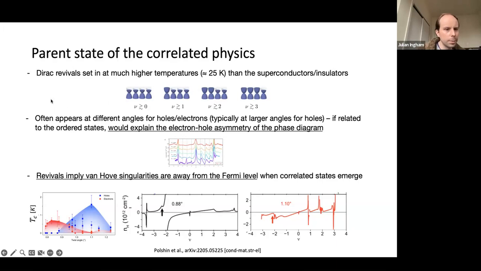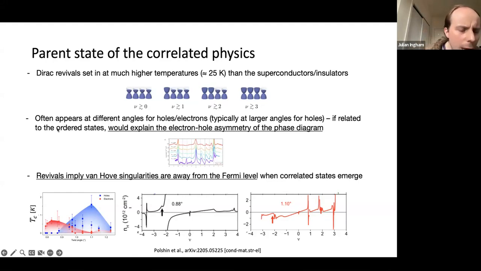Now, on the bottom left here, from this same experimental paper, we have a plot of the maximum superconducting TC that was observed for electrons and holes. Now, in this middle plot, the device with 0.88 degrees, we see has a Van Hove singularity for holes and a Dirac revival for electrons.